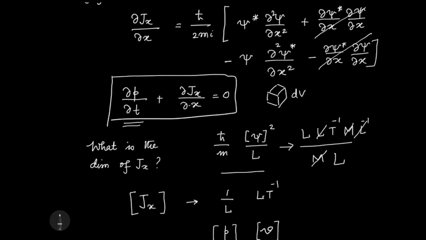So the time rate of change of the probability density is because of the flux, or the change in the probability current as a function of x. It's called the flux of probability current. It means it's a current, which means that something must be going out of this volume or coming into this volume.